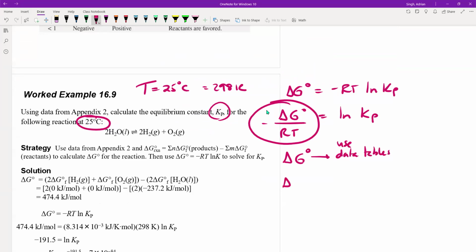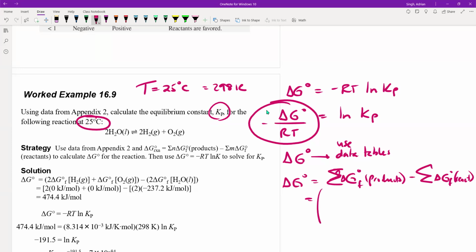Again, delta G naught is simply the sum of the delta G of formation of the products minus the sum of the delta G naught of formation of the reactants. We can look these up.